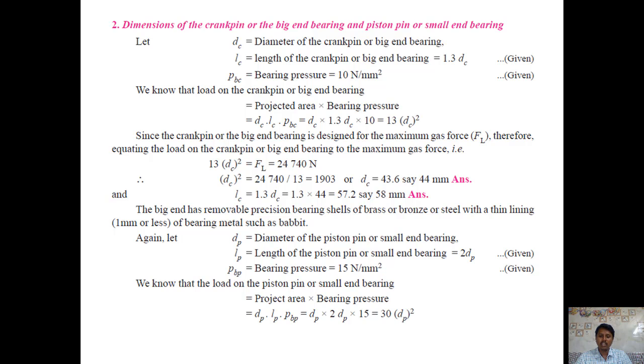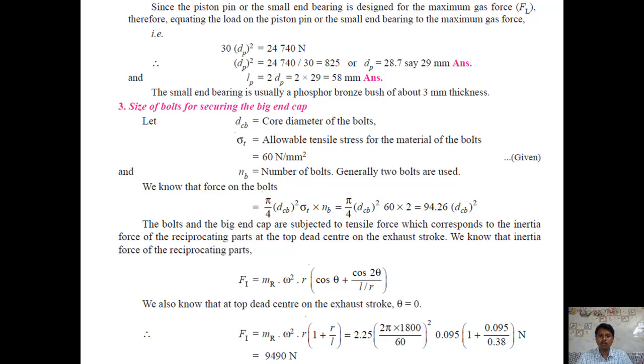Here LP is given as 2 times dP. Substitute that, you will get bearing load as 30 times dP square. Now by equating to the maximum gas force, we can get the diameter of the piston pin as 28.7 mm. So you can say 29 mm, and the length of the piston pin is 2 times dP, so LP is equal to 58 mm.